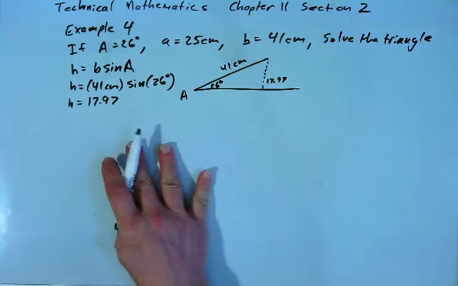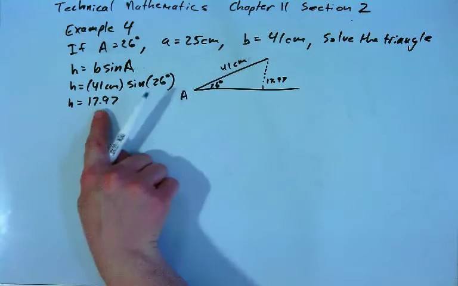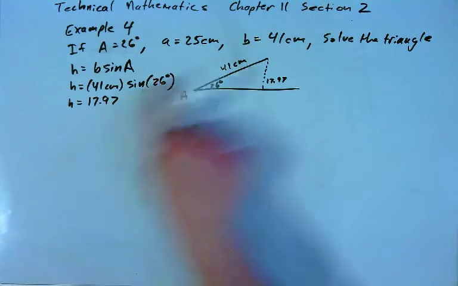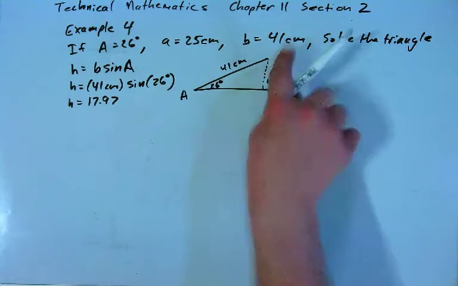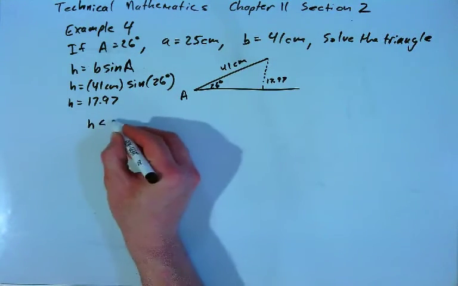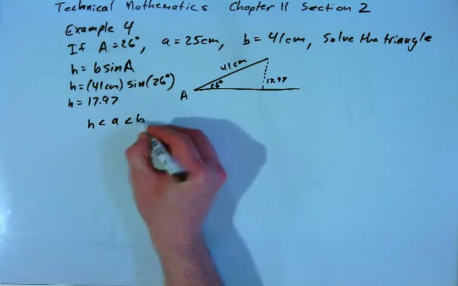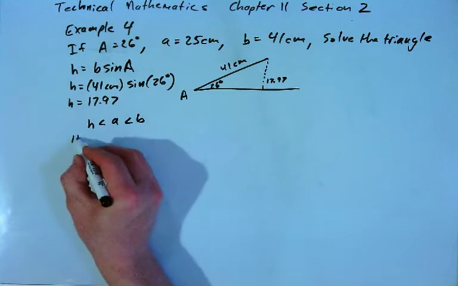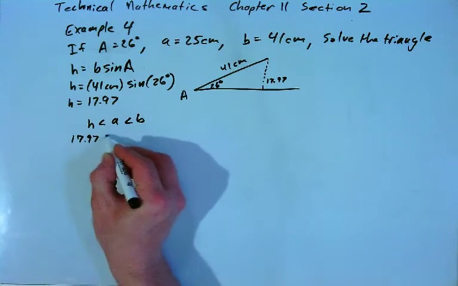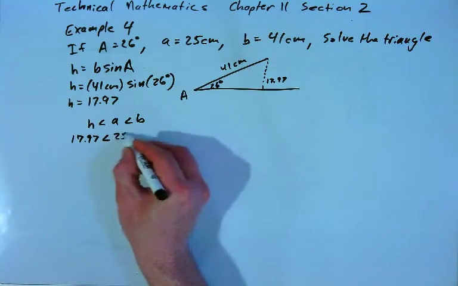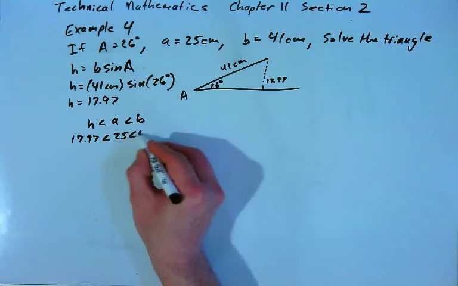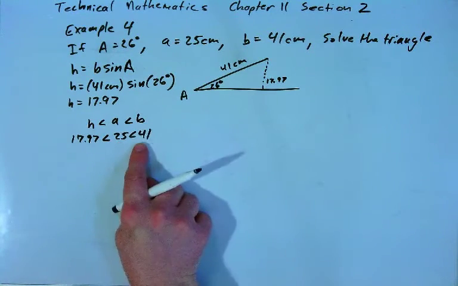And so side A is 25 centimeters. That's bigger than H, but it's smaller than B. And so H is smaller than A, and A is smaller than B. So in other words, H is 17.97. That is smaller than 25, and that is smaller than 41. This is case A, in which we have two possible solutions.